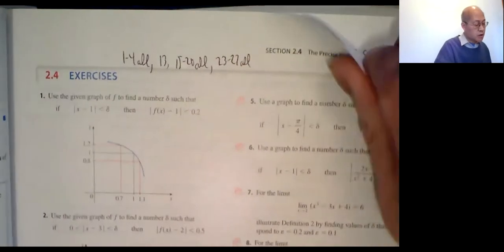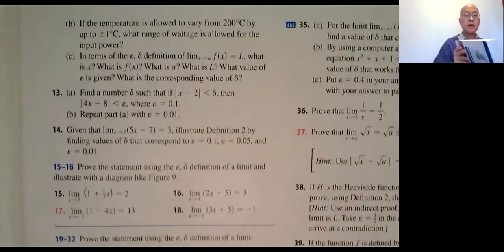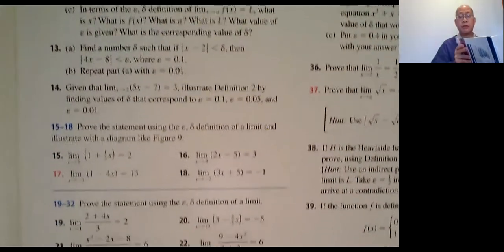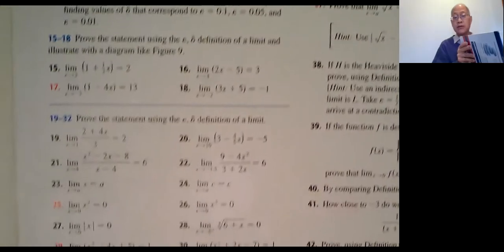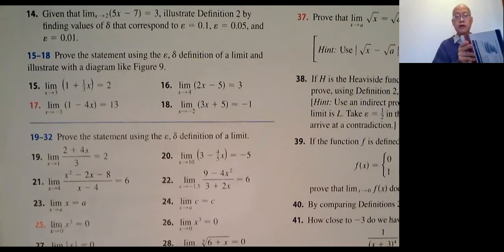Okay, to do the game. And we have to go to 27. So on the next page, 14, 15. Okay, the majority of this section is stuff like 15 through 27 at the end. Okay, you're proving the limit.